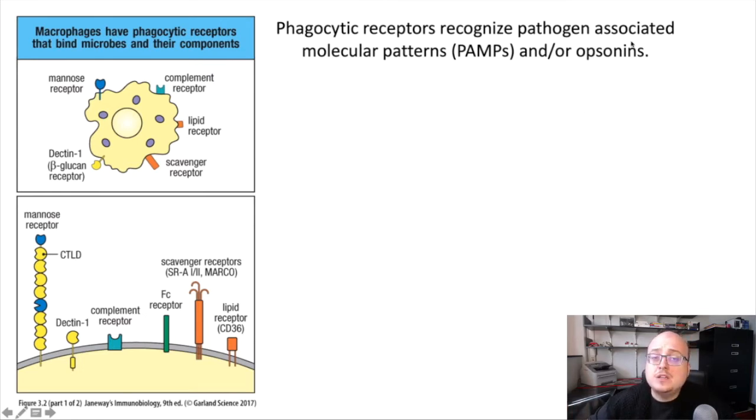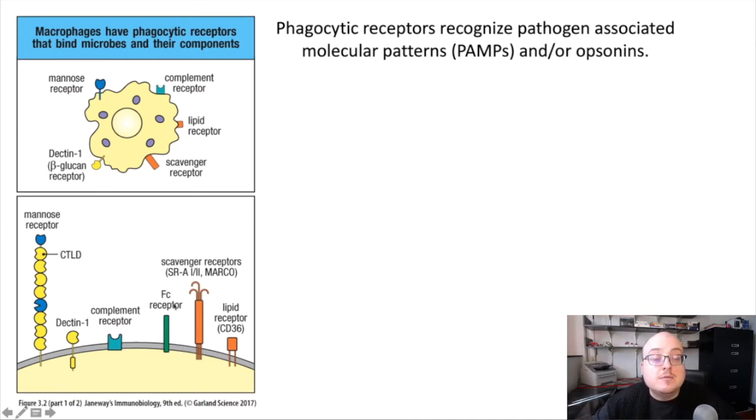The other class of molecules are opsonins, and these, remember, are molecules that are specifically tailor-made for targeting cells for phagocytosis. So two major classes of opsonins that we've been introduced to are complement. So macrophages have complement receptors like CR1, which recognizes C3b, an opsonin on the surface of cells, as well as FC receptors. We'll talk about what FC is later in the course, but for the purposes of this lecture, FC receptors recognize antibodies.